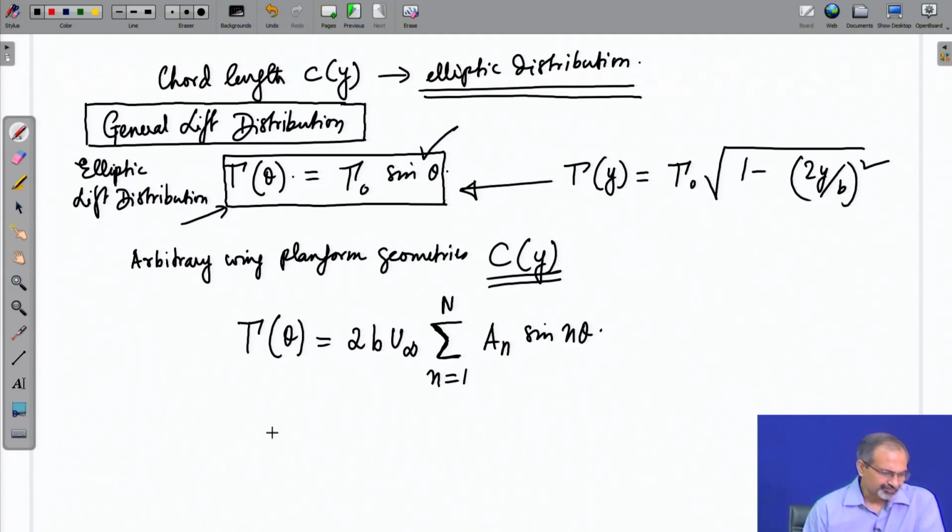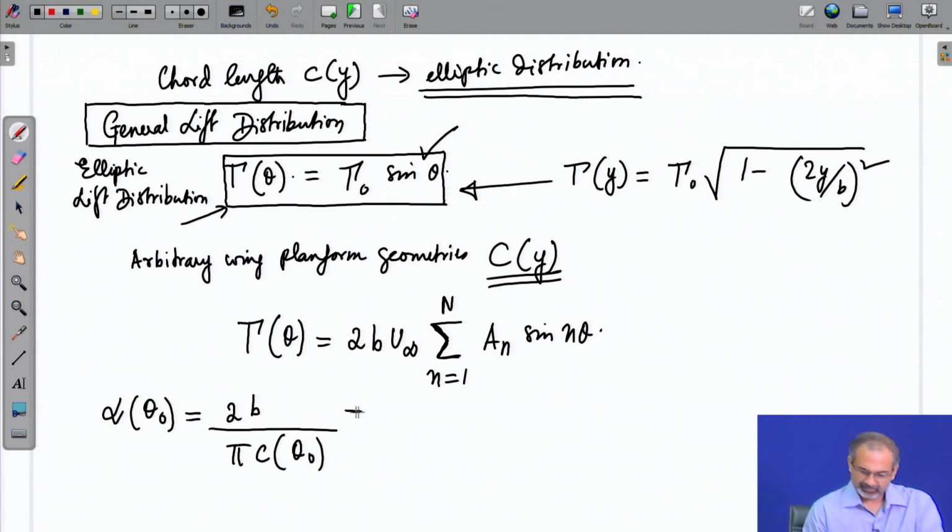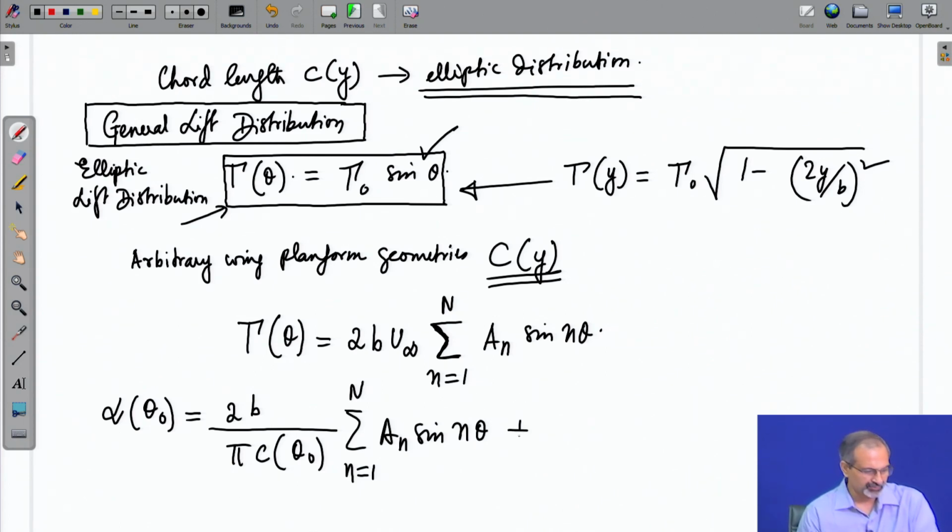So, in that case we can say that how will Prandtl lifting line theory work out? The Prandtl lifting line theory expression will work out to be a more generic one, and without going into the details of that, we are just stating it straight away that the sum total effect of this kind of a model will give you an expression for alpha at theta naught in this form.